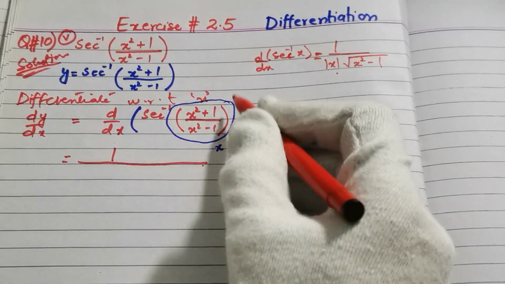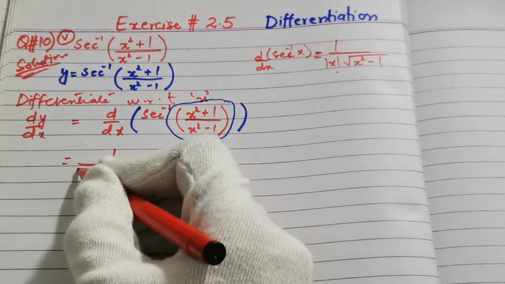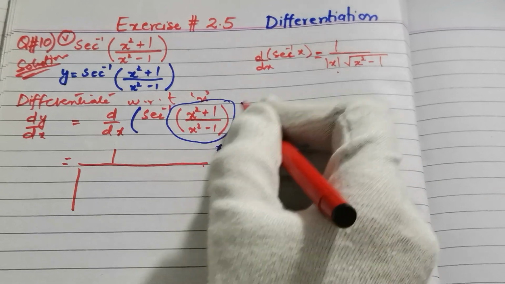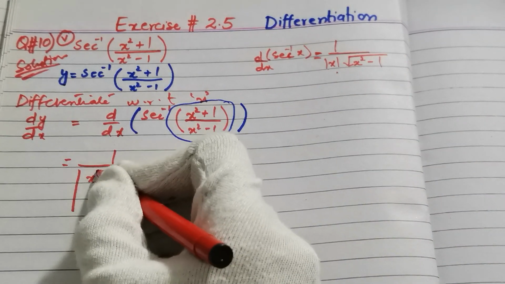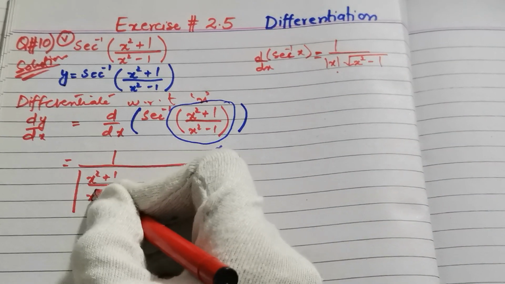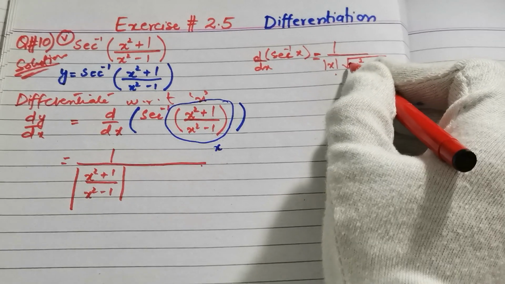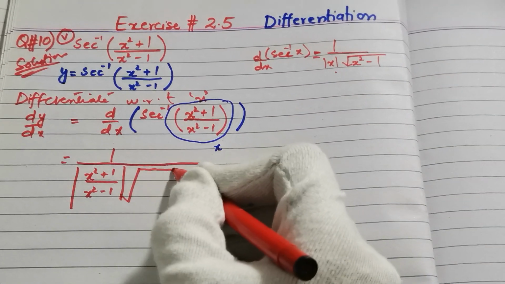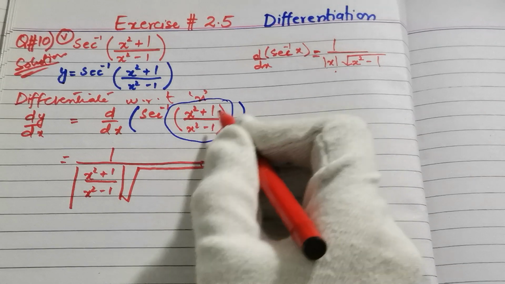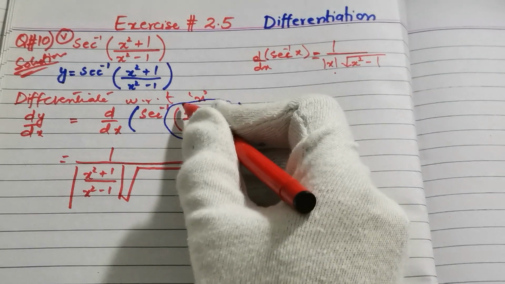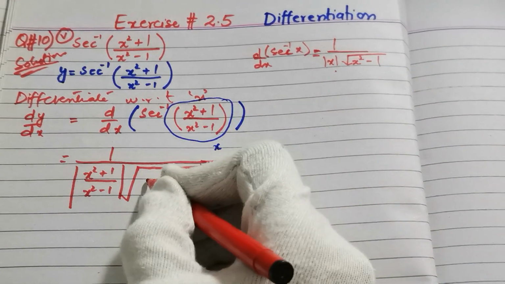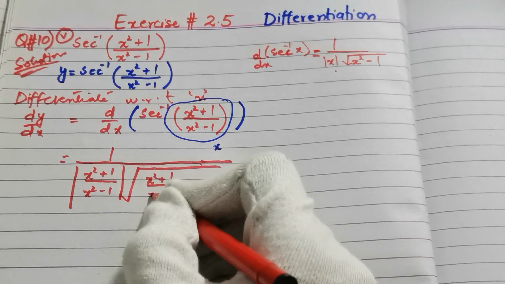So this is our x, 1 by mod of x, where x is (x square plus 1) divided by (x square minus 1). Now under root x square minus 1, where this term is our x.